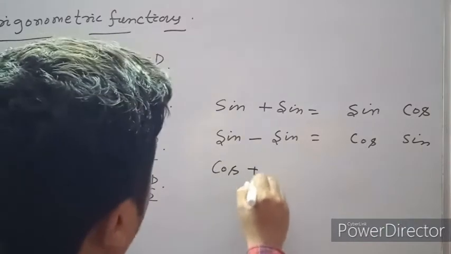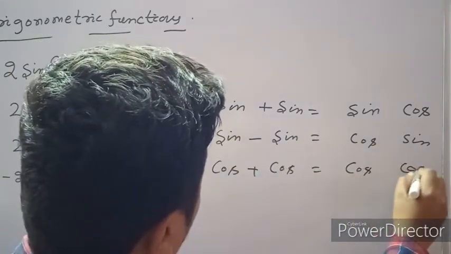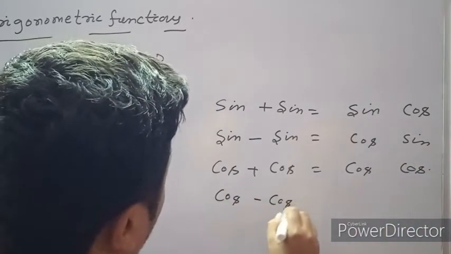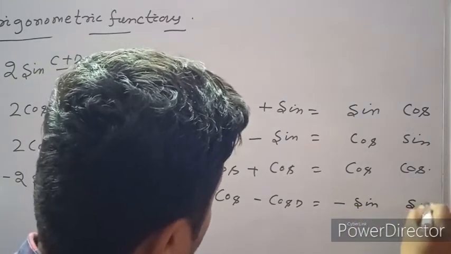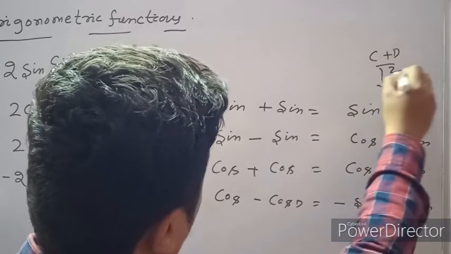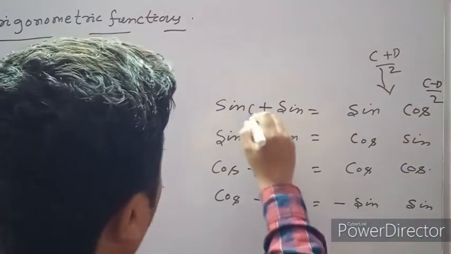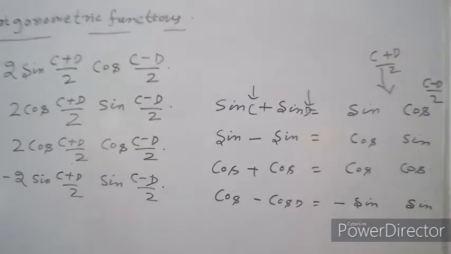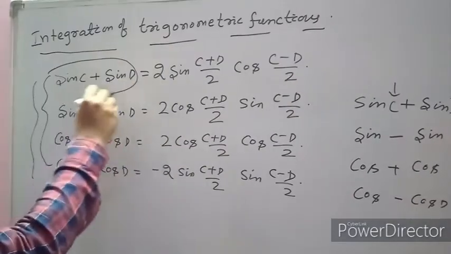Cos plus cos would give you cos cos, and cos minus cos would give you minus sin sin. And the t ratios are fixed. Here it is C plus D by 2 and here it is C minus D by 2. Here also they are fixed, C and D. Right. Now we can easily integrate this.